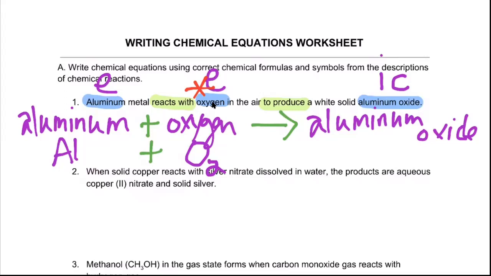There are 6 other elements on your lesson that you need to know because they are going to pop up. If you don't know them, you're going to write the equation incorrectly. And then on Friday and next week, we're going to be balancing the equations. So we're going to start worrying about the amounts of the atoms in our equations. If you don't write diatomics correctly, your numbers are going to be wrong, then your balancing is going to be wrong, and later when we start doing math, you're going to get the math wrong.